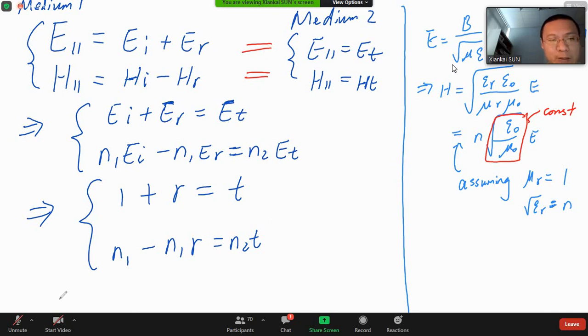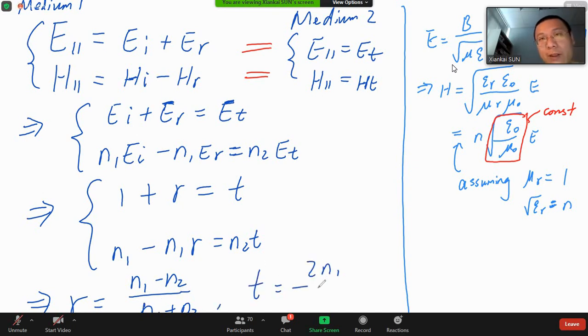Then you can simply solve for R equal to N1 minus N2 divided by N1 plus N2, and T equal to 2N1 divided by N1 plus N2. Okay? Any questions?